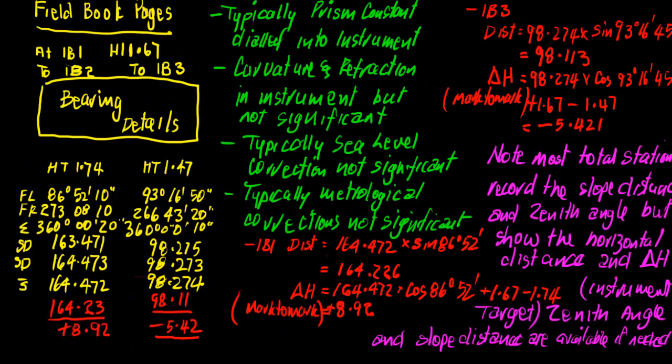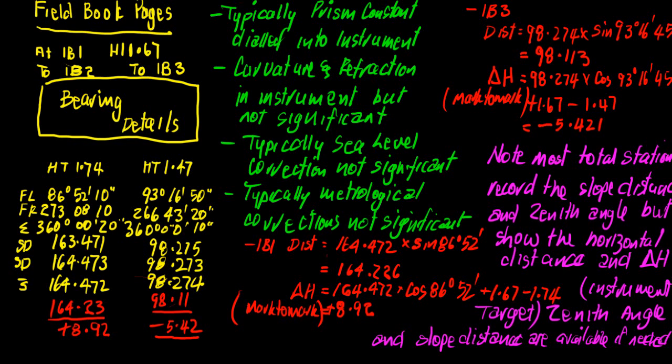So here I've just sort of drawn up a pseudo field book. So I've said we're at IB1, we're height of instruments 1.67, and we're going to IB2 and to IB3. Height of target is 1.74, HT 1.47, IB3.